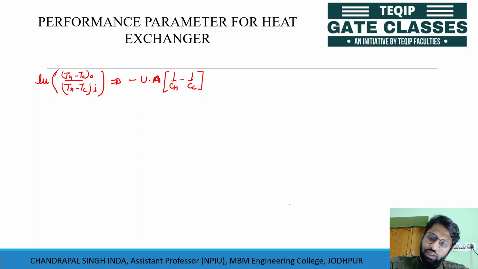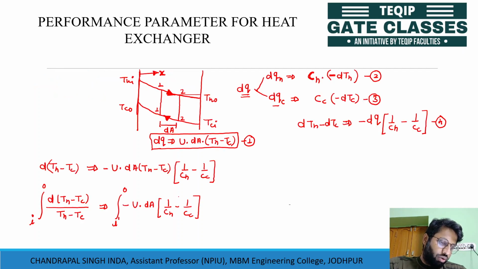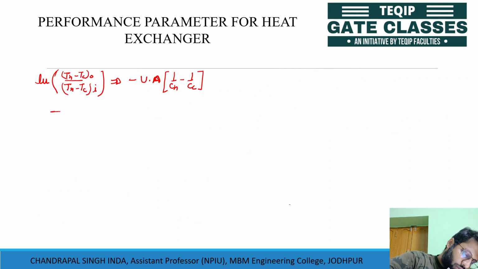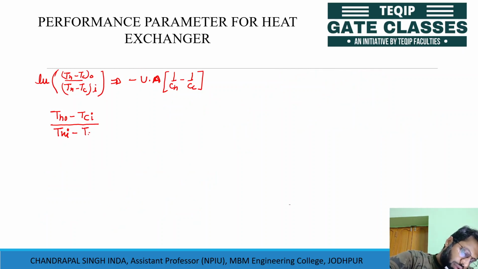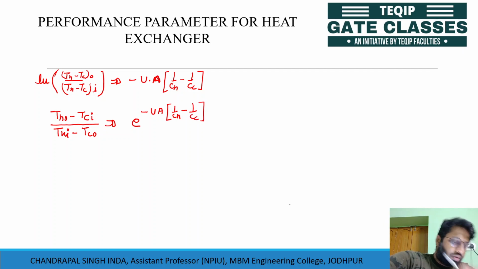So let's find the temperature at the outlet. Temperature difference between the hot and the cold fluid at the outlet is T hot outlet minus T cold inlet, and the temperature difference at the inlet is T hot inlet minus T cold outlet, and it will be equal to the exponential of minus UA (1 by Ch minus 1 by Cc).